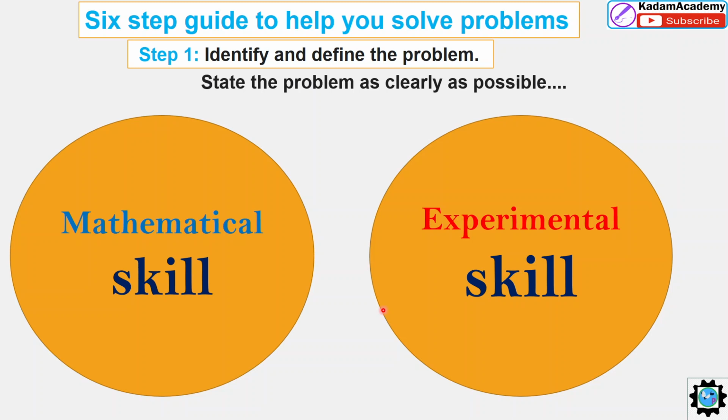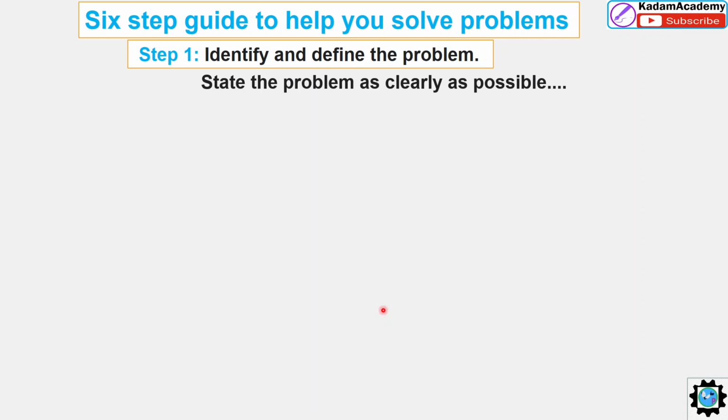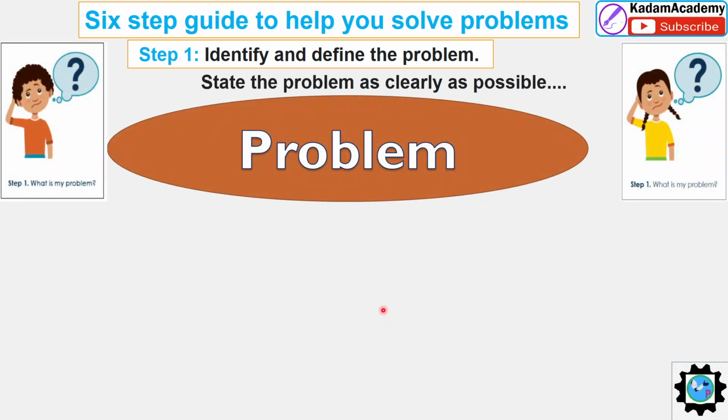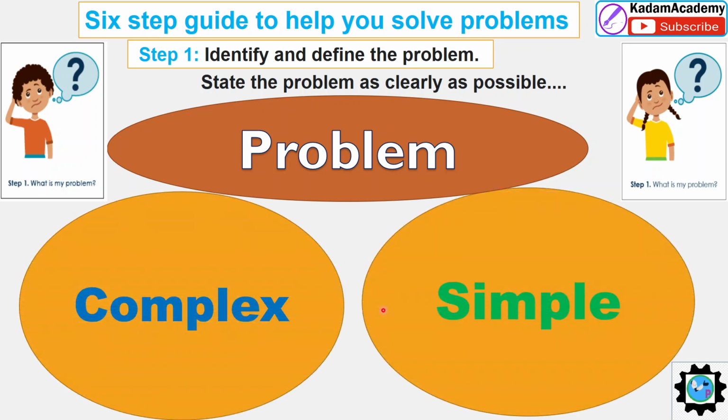It is a very essential aspect before solving any problem. Whether you are dealing with a complex problem or a relatively simple one, it is vital that you have a clear understanding of what it is that you are hoping to solve.